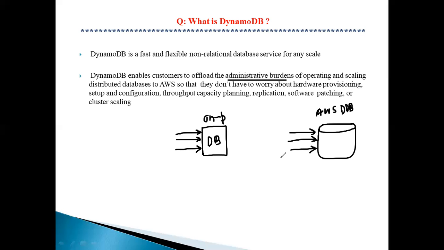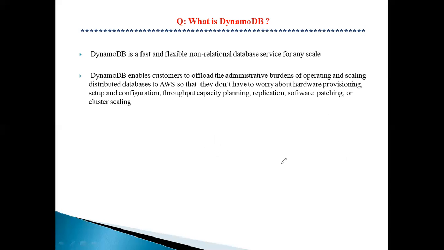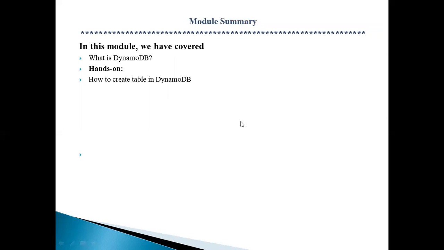Let's see how you can create DynamoDB tables. Now I want to show you how you can create a DynamoDB table. Obviously, for this session, you need a basic understanding of AWS. You need an AWS account, and you need access to DynamoDB.